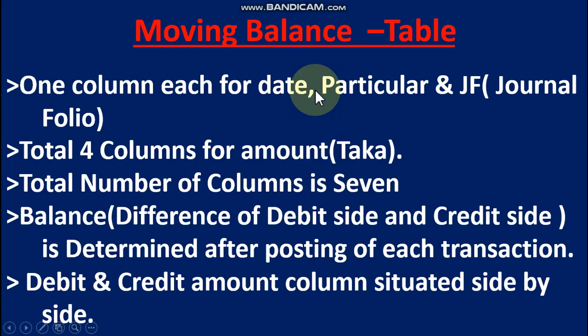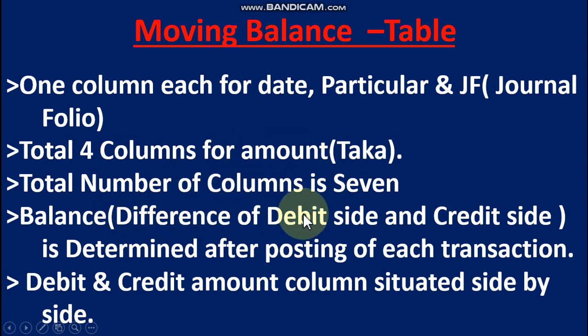Dear student, another format is moving balance format. This is the modern format also. In this method, we have one column each for date, particular and JF, and a total of 4 columns for amount of taka. The total number of columns is 7.